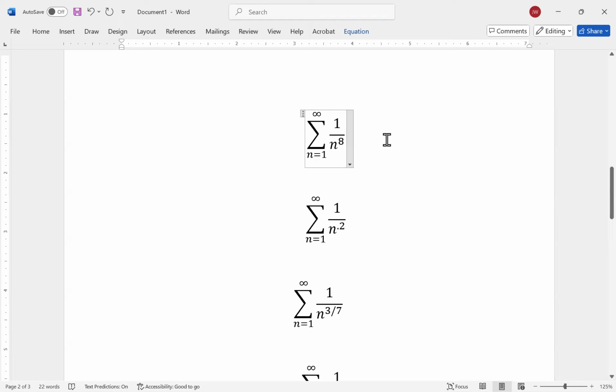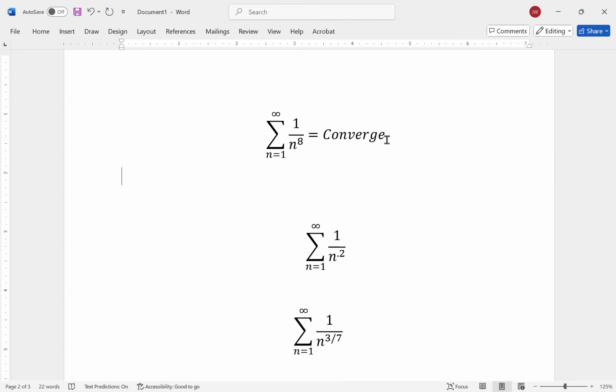So we have 1 over n to the 8th added up from n equals 1 to infinity. This is going to have to converge because it is a p-series, and p here is equal to 8. And obviously 8 is bigger than 1, therefore it's going to converge.